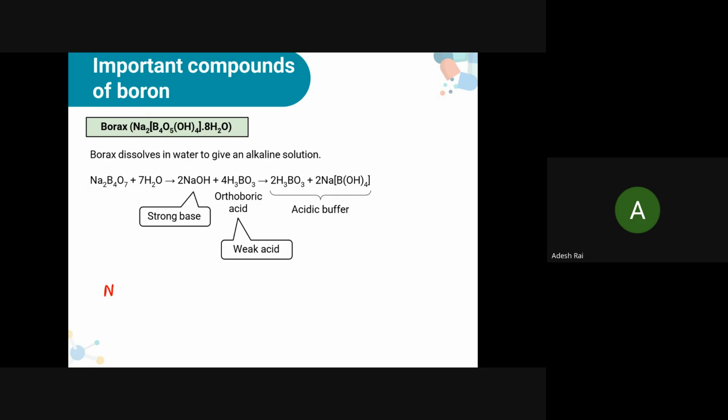It's a very famous example. Aqueous solution of borax forms a buffer solution, an acidic buffer solution, H3BO3 and NaB(OH)4. Na+ is removed, therefore they have written B(OH)4 minus.